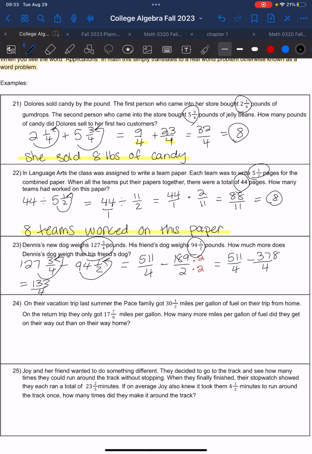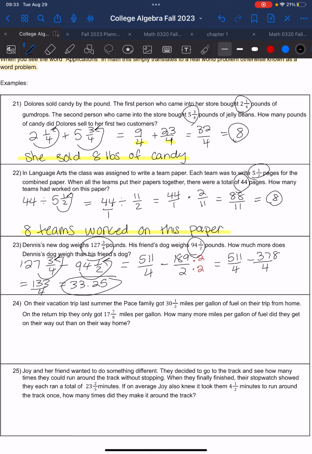over 4. Okay. Let's go ahead and change that into a decimal by putting on our calculator 133 divided by 4. This gives us 33.25. Okay. So either one is correct.